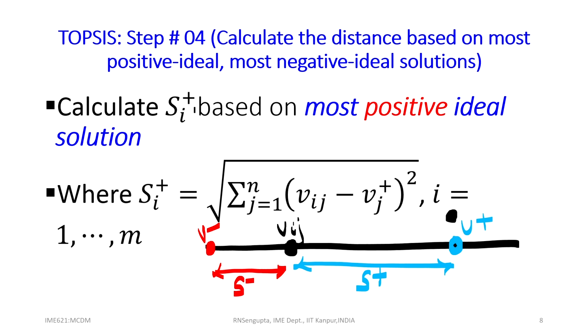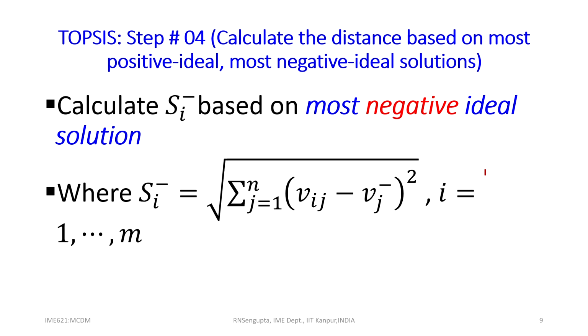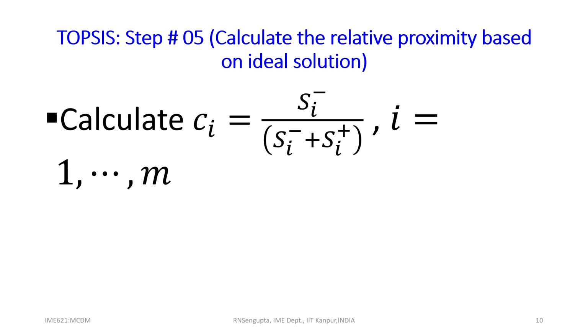So, we calculated S plus based on the most positive ideal solution given on L2, which is the squared norm. Then we calculate S i minus based on the most negative solution, again based on the L2 squared norm, and I find it for each individually for m equal to 1, 2, 3, 4, and find out their maximum minimum value. And this is what I was talking about, I can again draw the diagram.